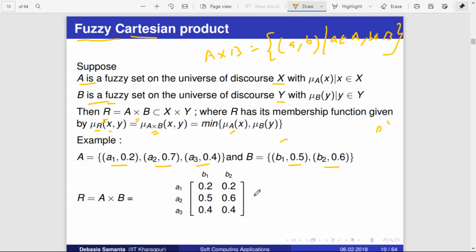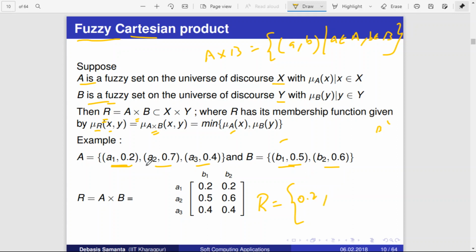Now to find the Cartesian product, mostly we represent it as a matrix. You can also represent it in a normal way. Then you have to compare. First compare A1 with B1, which is smaller? You have to take the min of 0.2 and 0.5. 0.2 is smaller, so it will be 0.2.